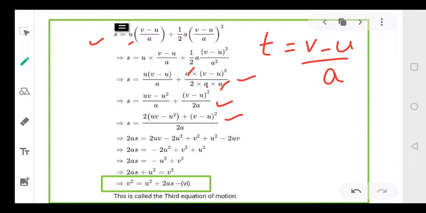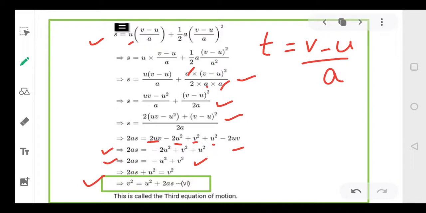So 2AS is equal to 2UV minus 2U square plus V square plus U square minus 2UV, right? So 2AS is equal to minus 2U square plus V square plus U square. So 2AS is equal to V square minus U square. And this is your equation number 3. So V square is equal to U square plus 2AS. So this is your equation number 3, right, everyone?